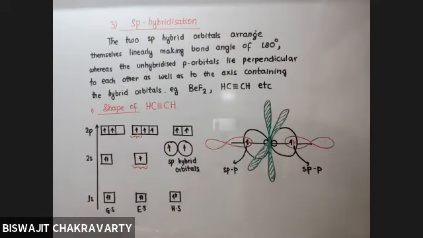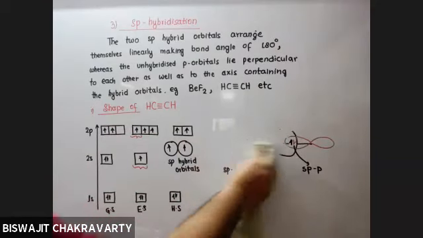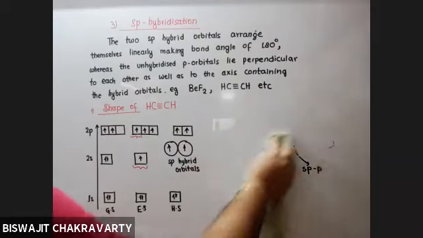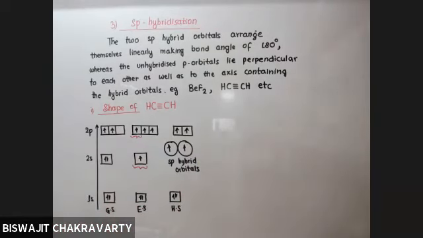Understood? It is only the electrons that are different. The rest, the basic format remains the same for whosoever undergoes sp hybridization, isn't it?